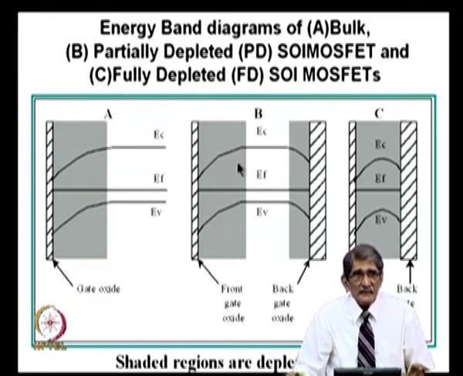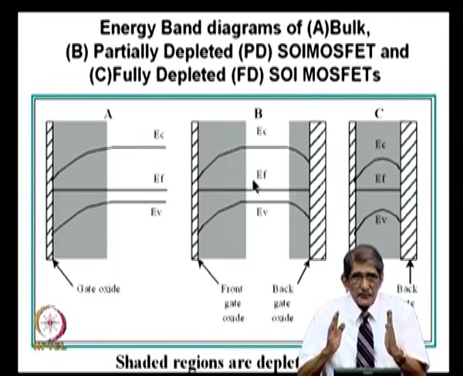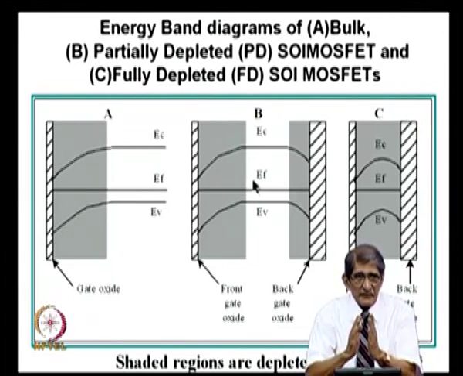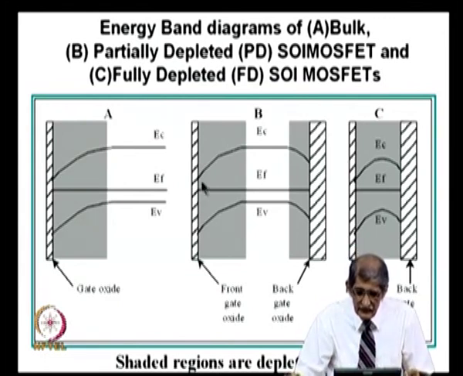Now, let us say this portion is removed, that means I have made the thickness equal to the sum of this and this. This is removed. So, you put them together, no undepleted portion, fully depleted. So, this goes up, this goes up, and the electric field here will be 0.